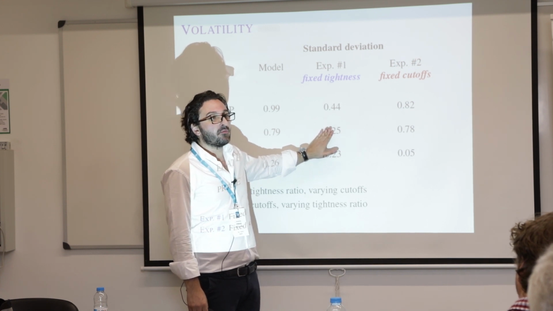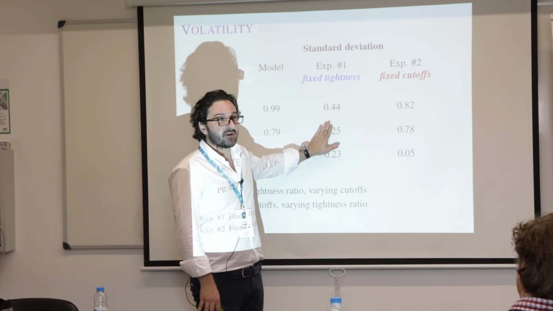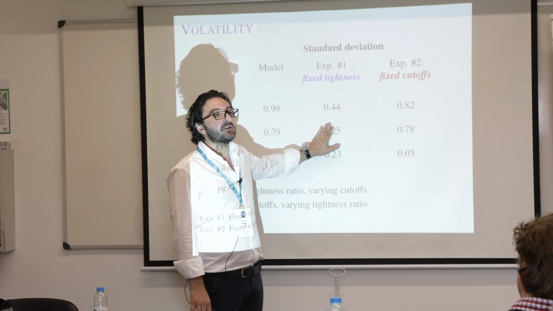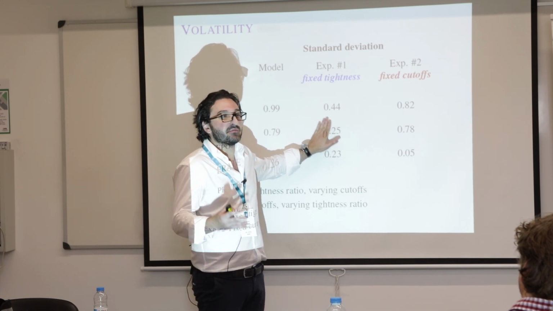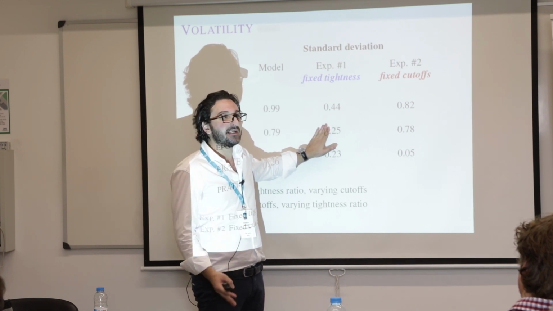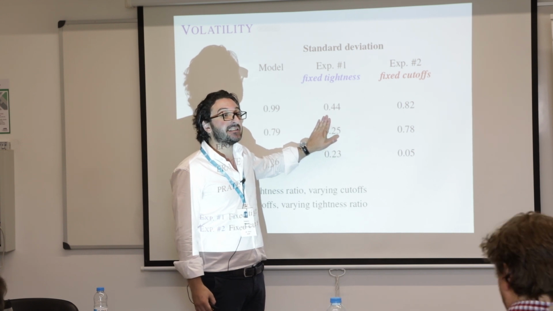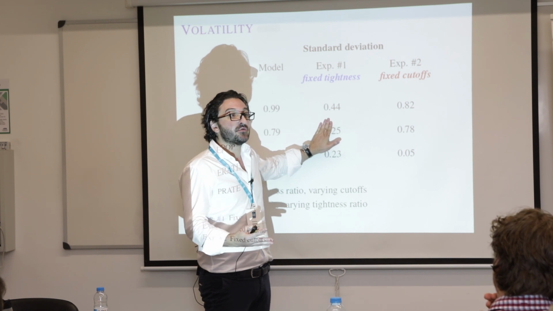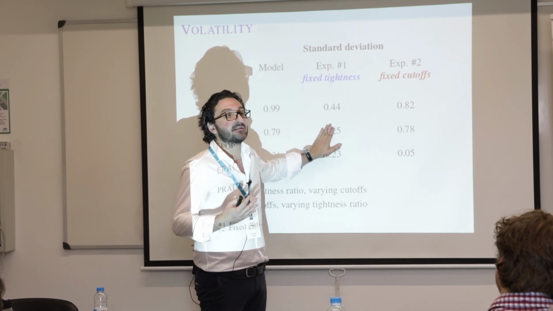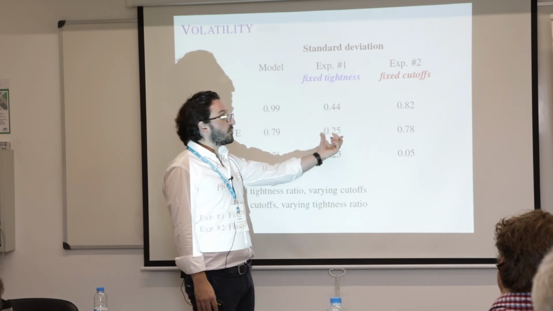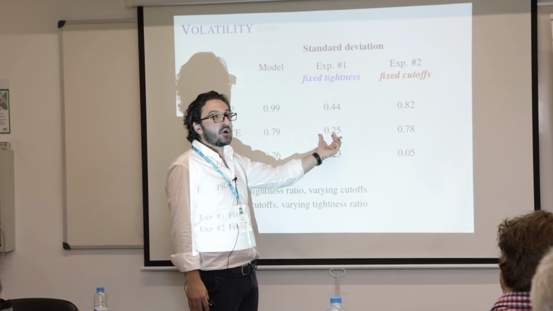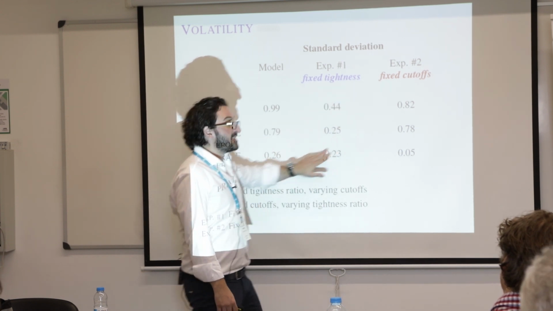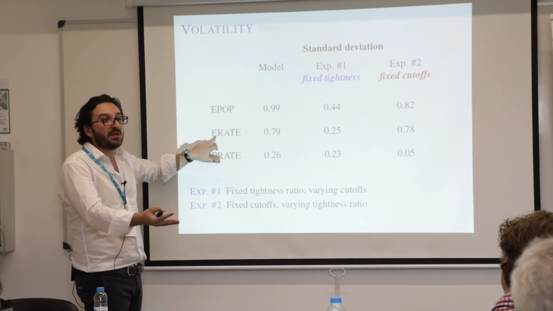Yeah, so what I was aiming for is a way to disentangle the role, of course this is in equilibrium, so you cannot really do it cleanly, a way to disentangle the role of fluctuations in what I call frictions, as opposed to labor supply choices. So that's why I was simulating the model with the same shocks, but fixing tightness and seeing what is the volatility of the employment rate.